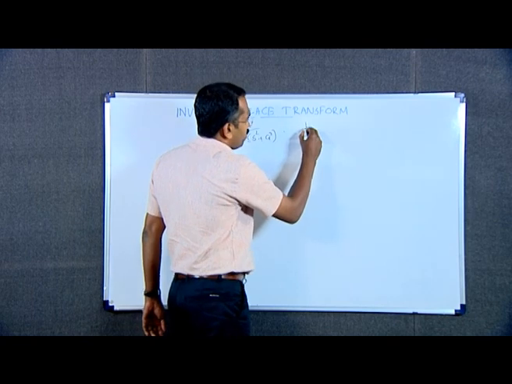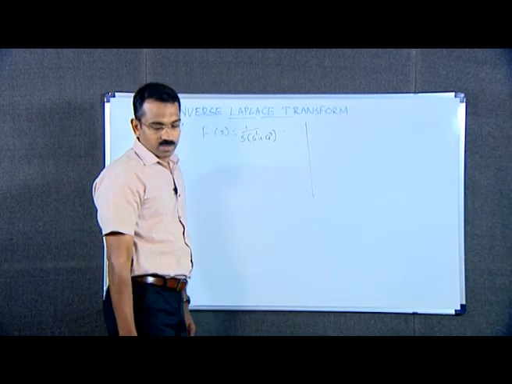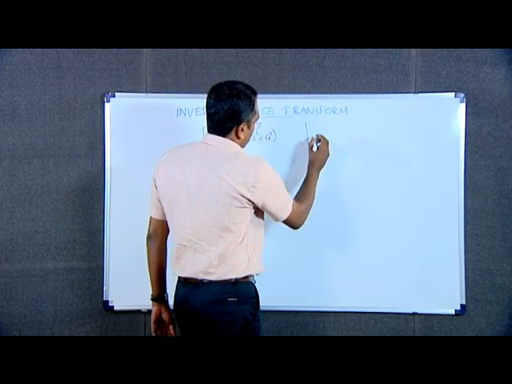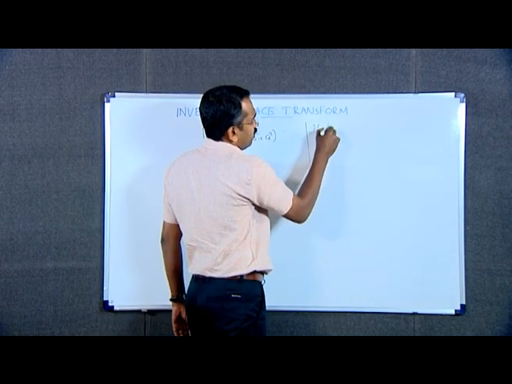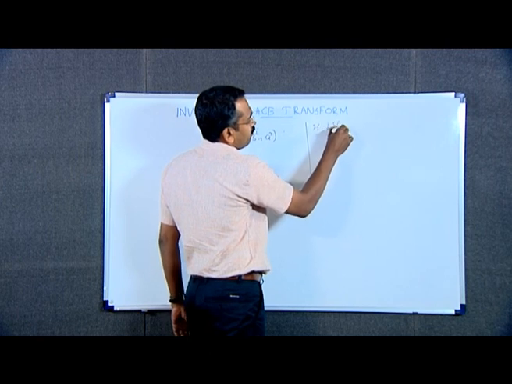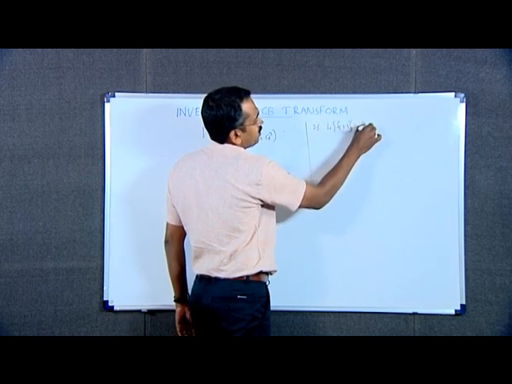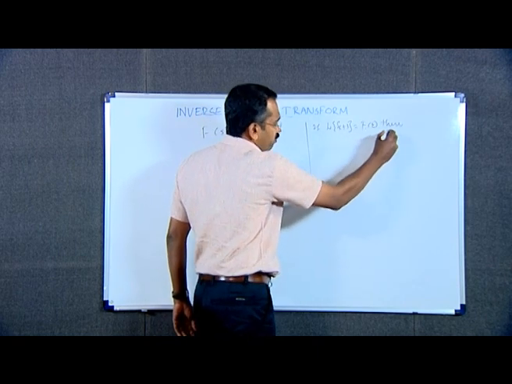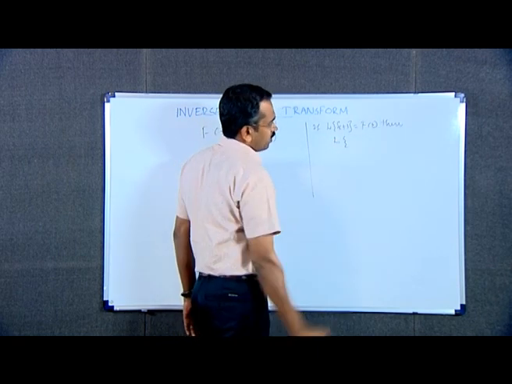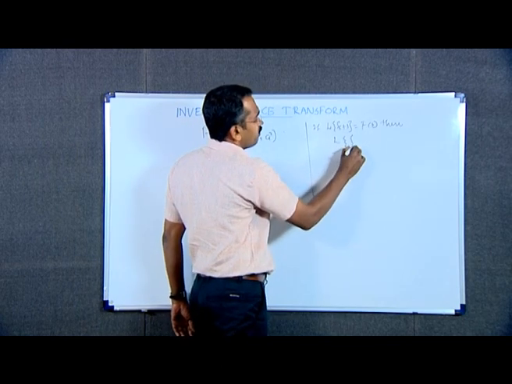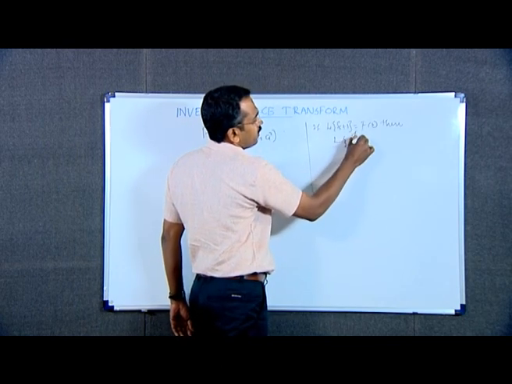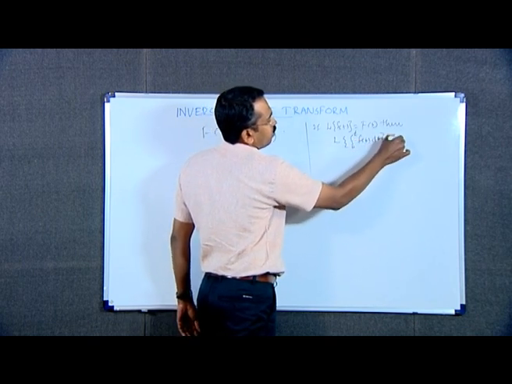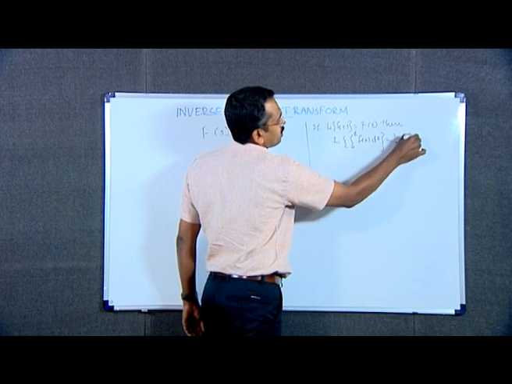We have the property of Laplace transform. If Laplace transform of f of t equal to f of s, then the Laplace transform of integral from 0 to t f of t dt is equal to 1 by s into f of s.